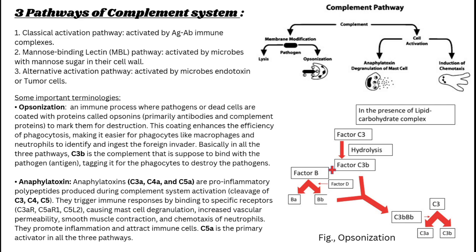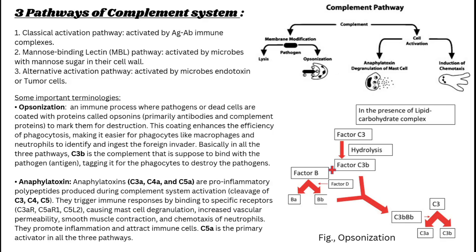In the presence of lipid carbohydrate complex, the factor C3 will get hydrolyzed to factor C3b, and factor C3b will combine with factor B, and with the help of factor D, the complement Bb will be in consideration, and this C3b and Bb will get combined, and the C3b and Bb will be considered as the convertase one.